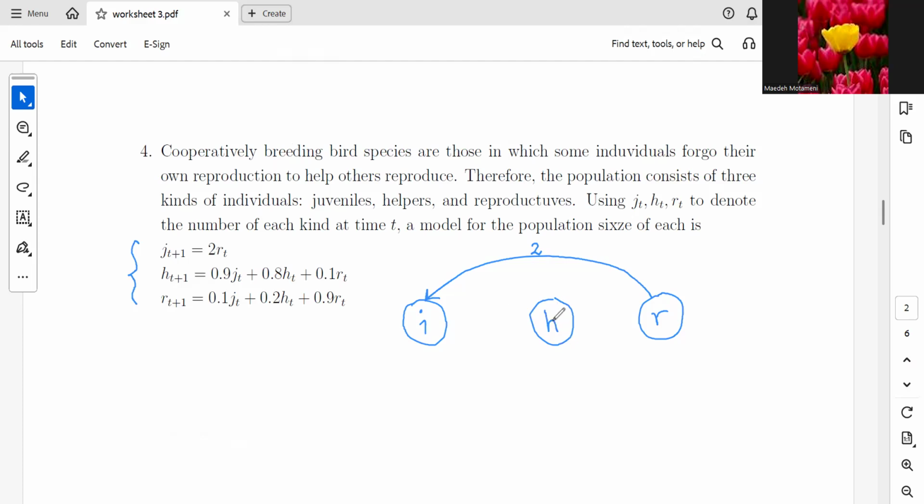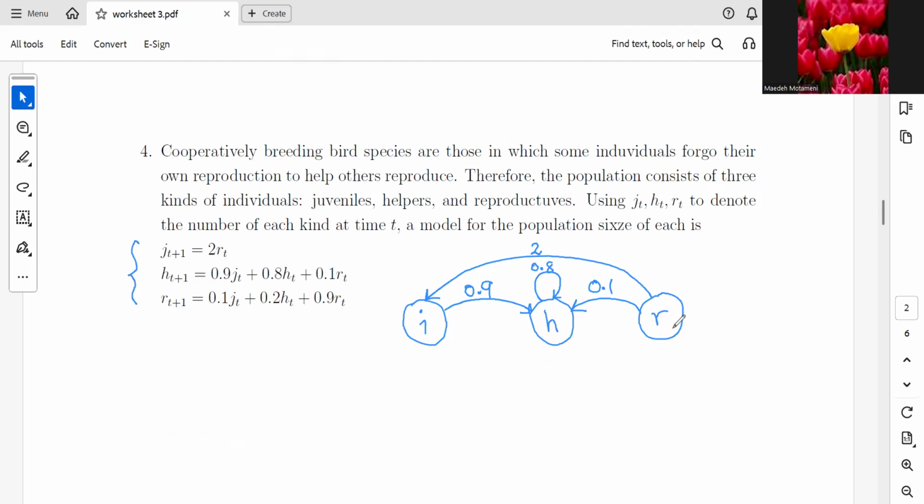Next one is related to H. That would be made from J sub t with 0.9, also from H sub t with 0.8, and from R sub t with 0.1.